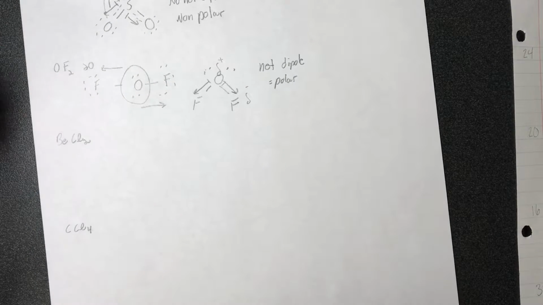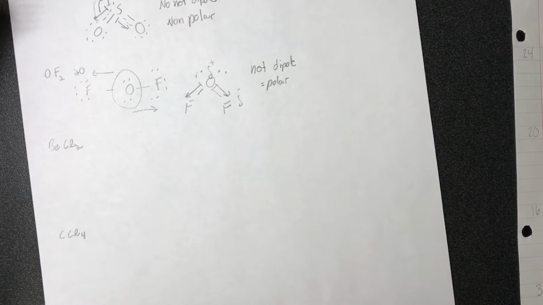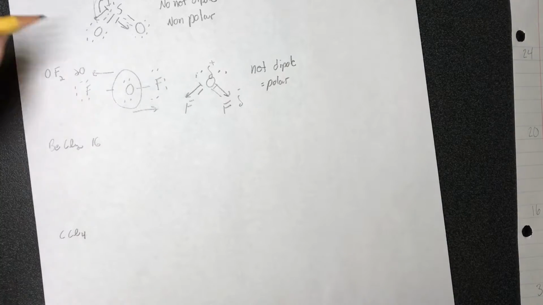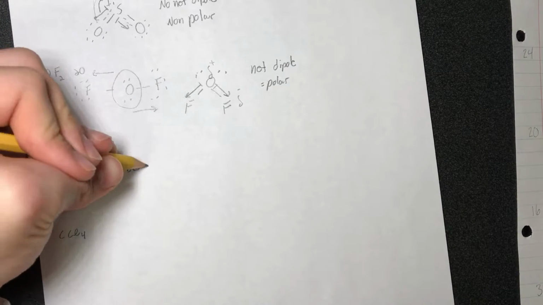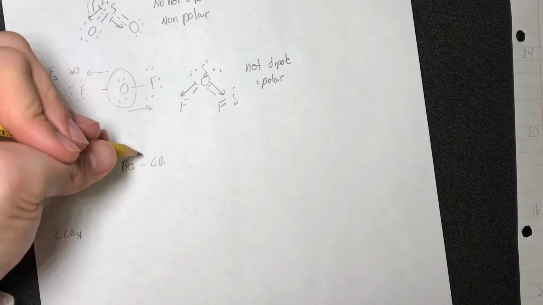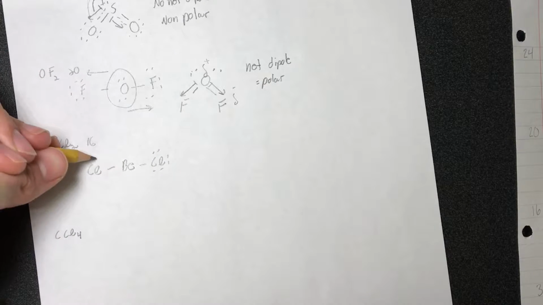Now, the next one is BeCl2. So once again, it's going to have 16 electrons, and we're going to start with the least electronegative. And then we're going to add our electrons in.